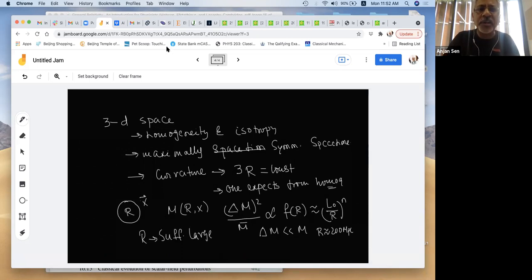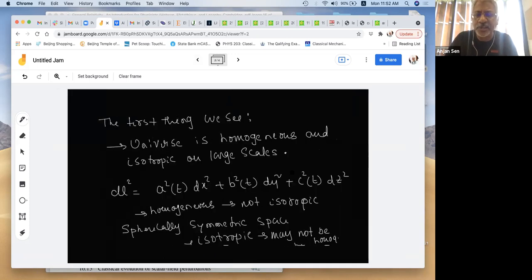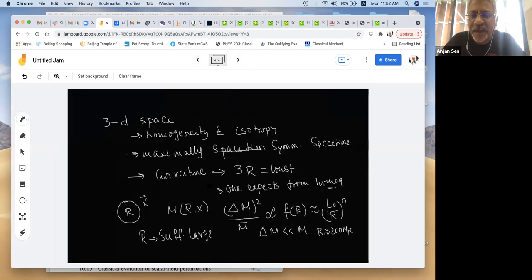This is not three times R. I should have been careful, but this is R with a superscript 3. So R3 means the Riemann curvature for the three-dimensional space. It is not 3 into R. My writing is not that good, or I can write it as R3 actually.